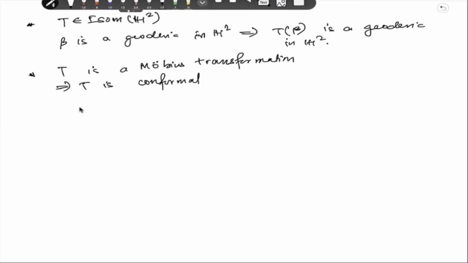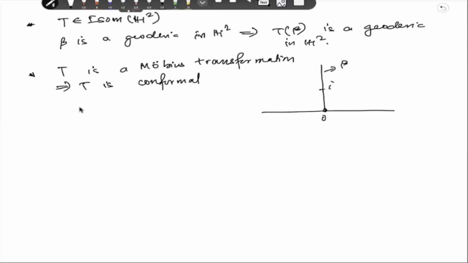So I have taken this beta to be the imaginary axis. So this is my beta. This we have proved to be a geodesic. So T of beta is also a geodesic. And now if I take T to be a Mobius transformation, T of beta will be either a straight line or part of a circle. This thing we have proved in the last class.